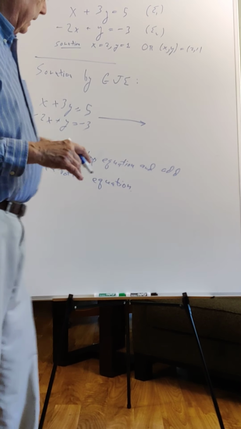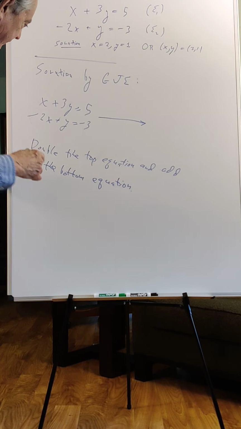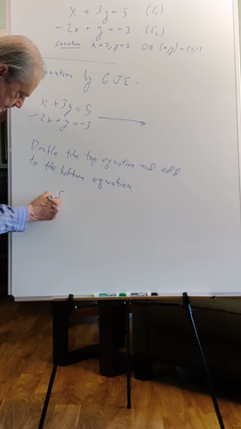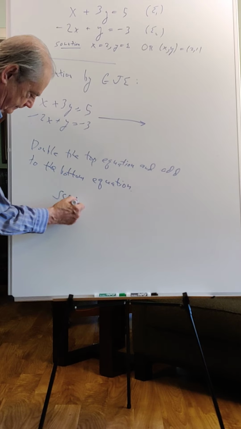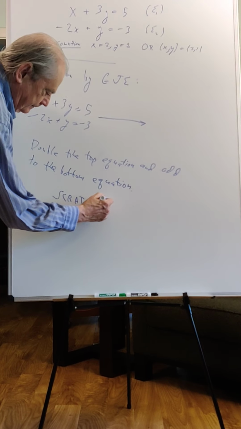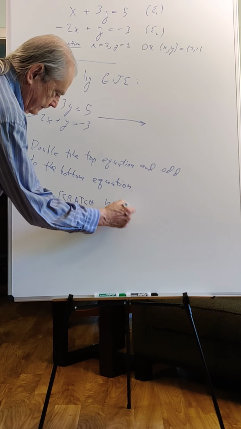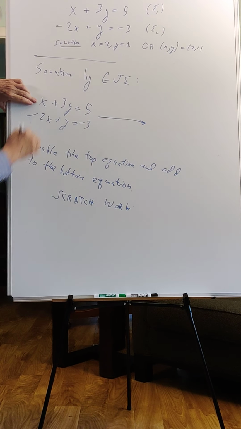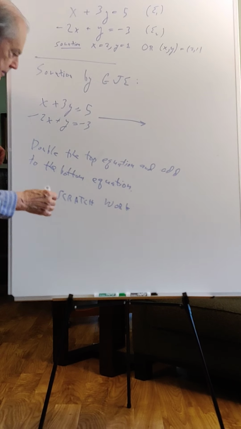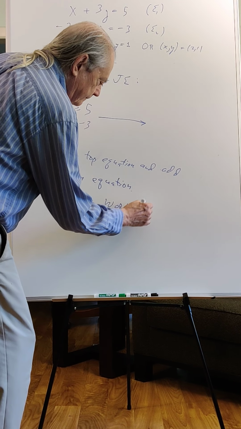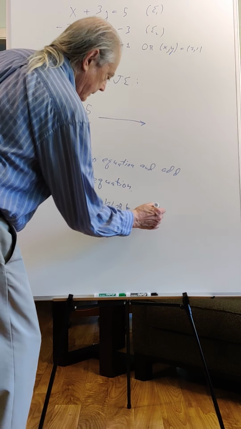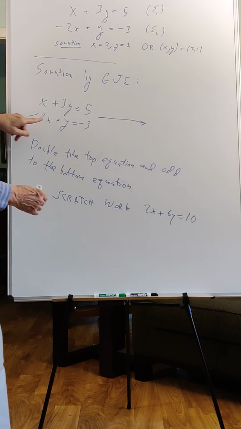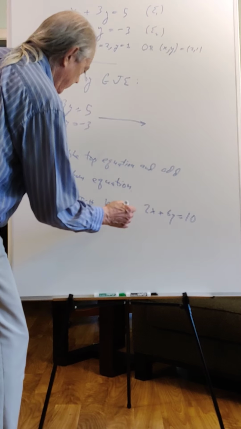This can be tricky, and until you get proficient in this method, I recommend that you do scratch work. So let's double each term in this equation. That would be 2x plus 6y equals 10. Add that to minus 2x plus y equals minus 3.